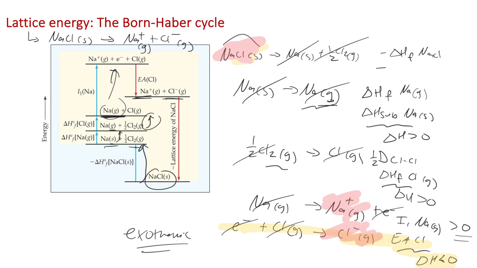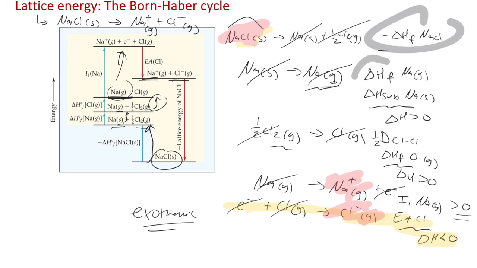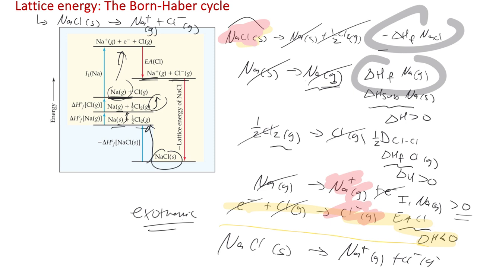Now if we were to look up all these individual values, which we could do, it's kind of boring, it's really not the point. But if you were to look up the delta HF of sodium, chlorine, the ionization energies, electron affinities, and sum all these delta H's up, we get the net delta H for sodium chloride solid forming sodium plus gas plus Cl minus gas.